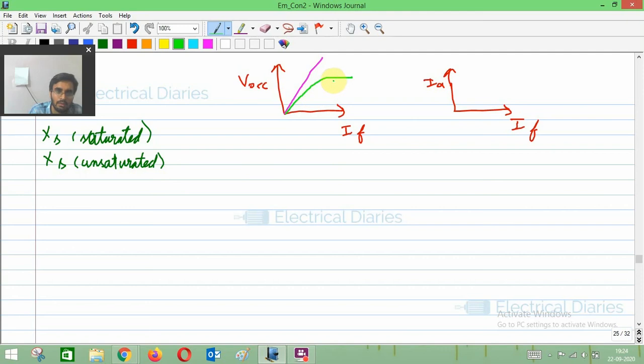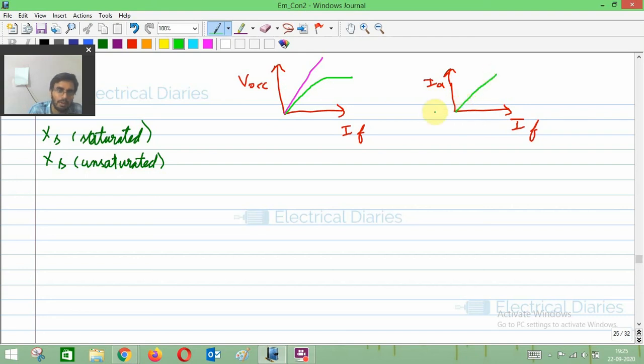But your core is some iron material, so it gets saturated at some field current. If you don't know the meaning of saturation, you can search on our website electricaldiaries.in, and if you're not finding it, you can always ask in our doubt section. So the curve here will be this way.